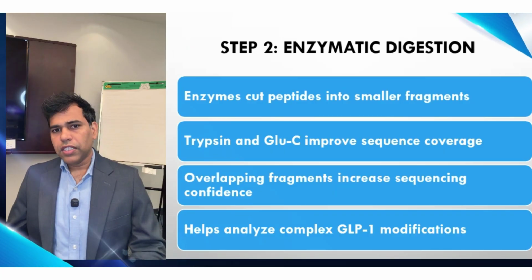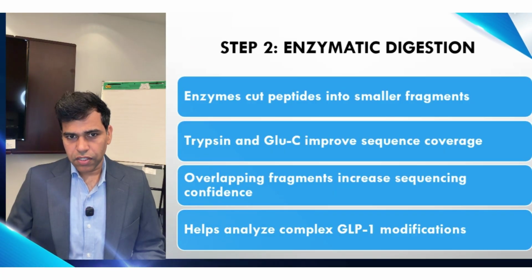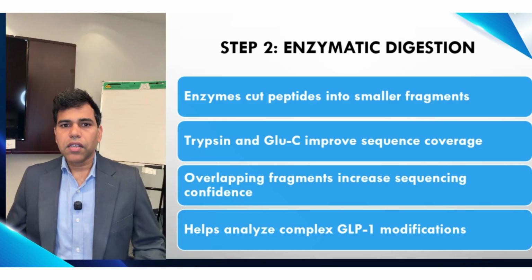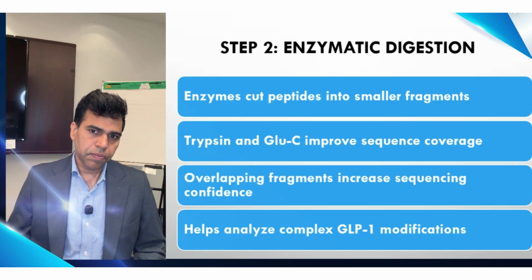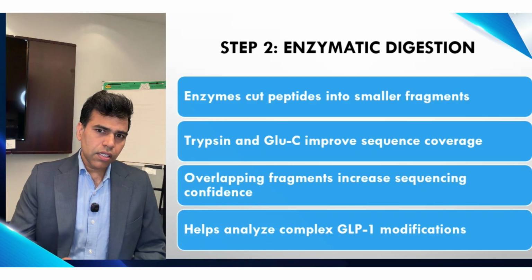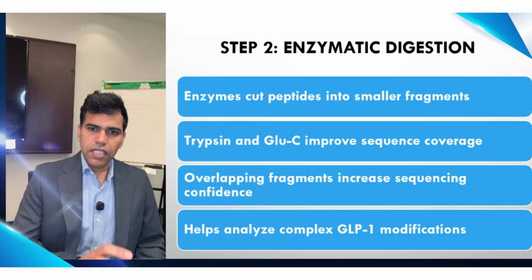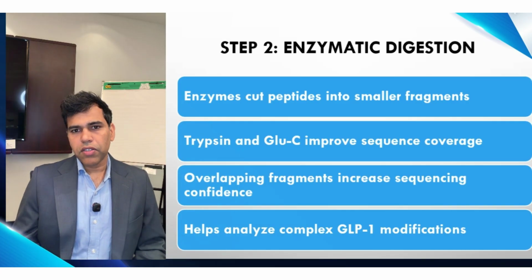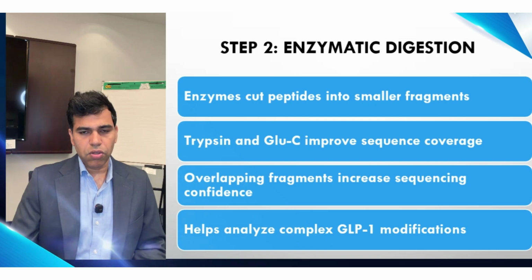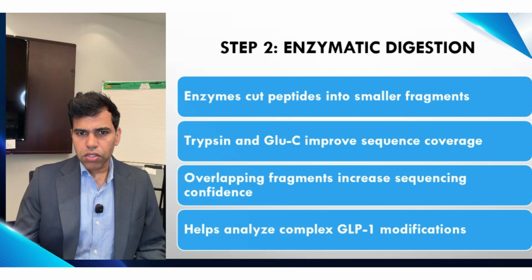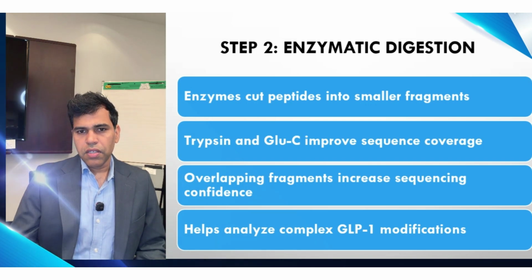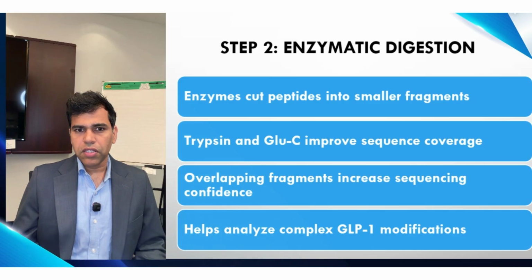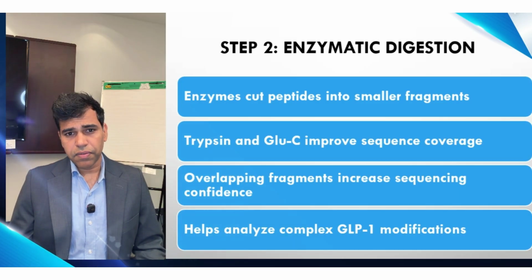Step number 2 is enzymatic digestion. Next comes enzymatic digestion. This step converts the intact peptide into fragments the mass spectrometer can meaningfully resolve. The choice of enzyme, trypsin is common but not always sufficient.